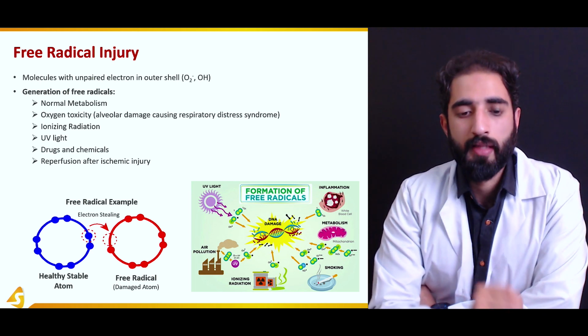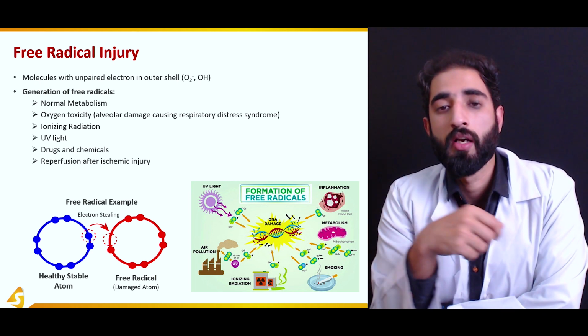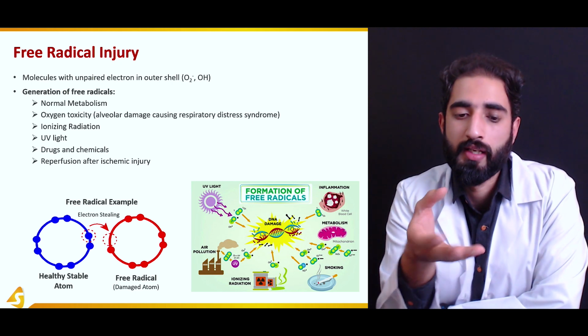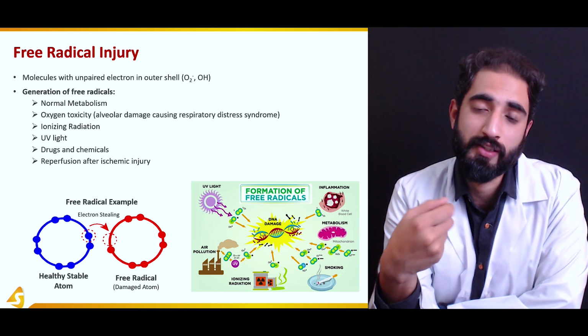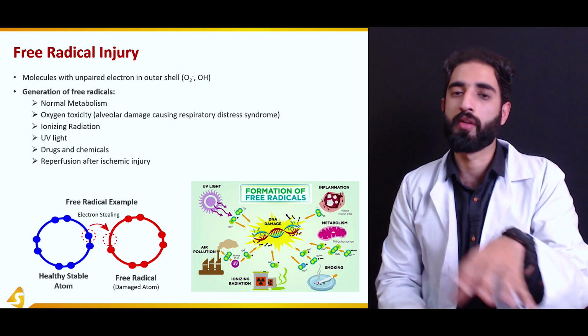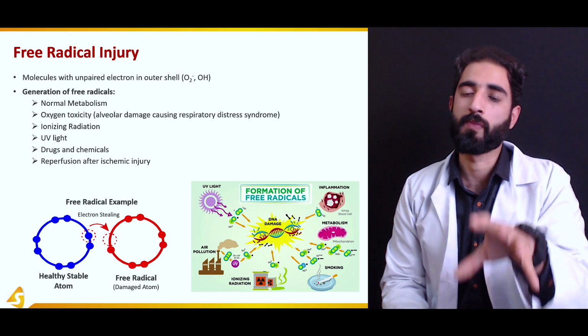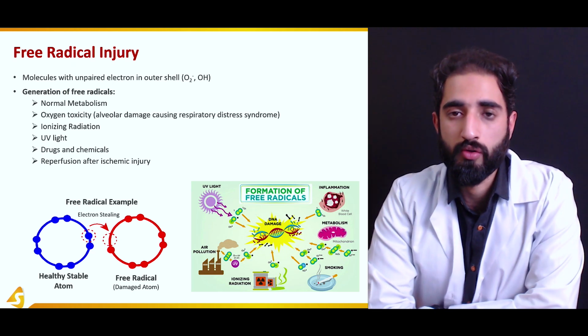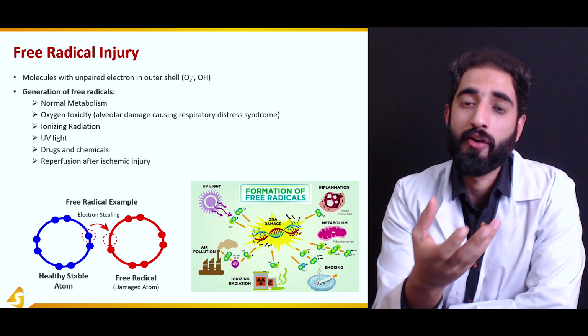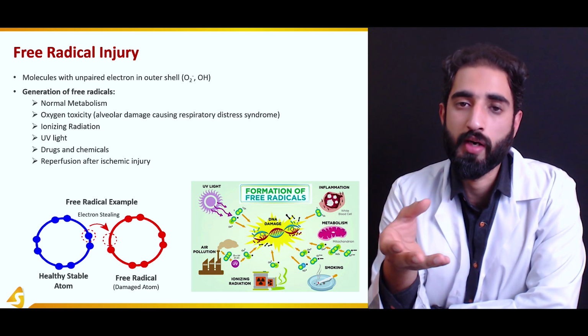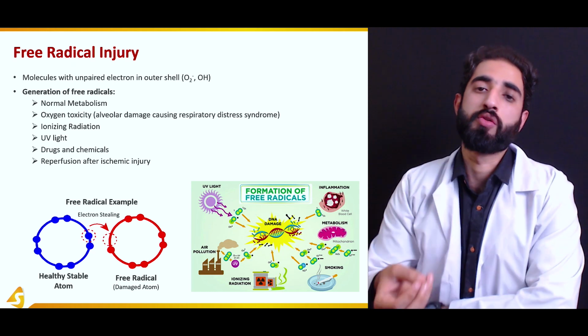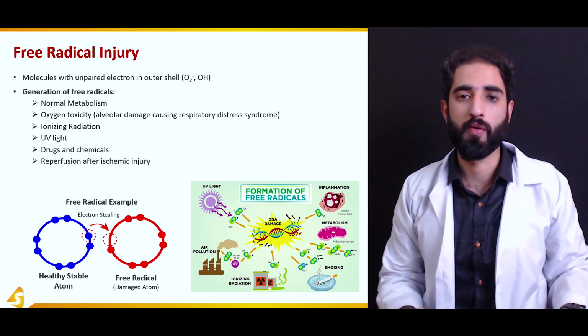They can be a product of the normal metabolism, but they need to be counteracted as soon as possible. Then we have oxygen toxicity, in which there is alveolar damage, which results in respiratory distress syndrome, which can result in different types of free radicals such as superoxide and hydrogen peroxide. Then there is ionizing radiation, which is a very popular phenomenon, which can result in free radicals, like exposure to alpha rays, beta rays, gamma rays, X-rays.